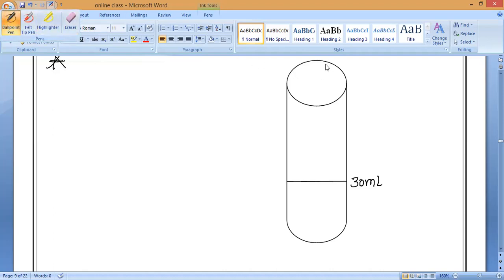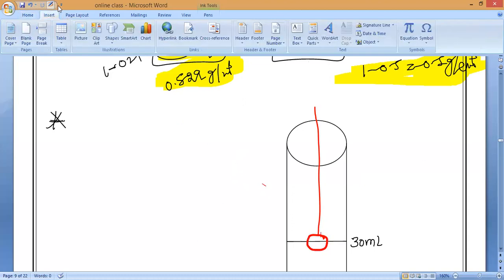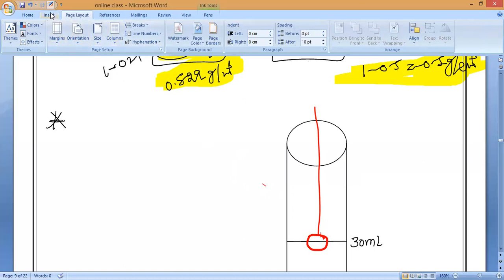Means if I drop 100 grams of object, the water level is rising to where? 38 ml, sir.